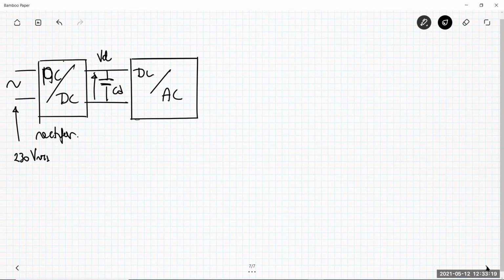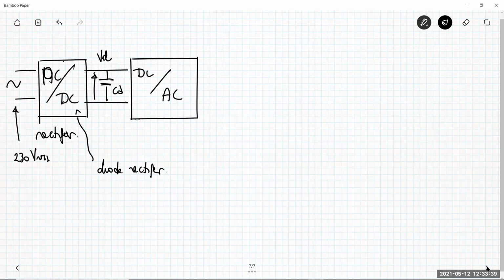For example, if you use a diode rectifier, a Graetz bridge, whatever, then you have to take into account the small losses due to the voltage across the diodes that are on.